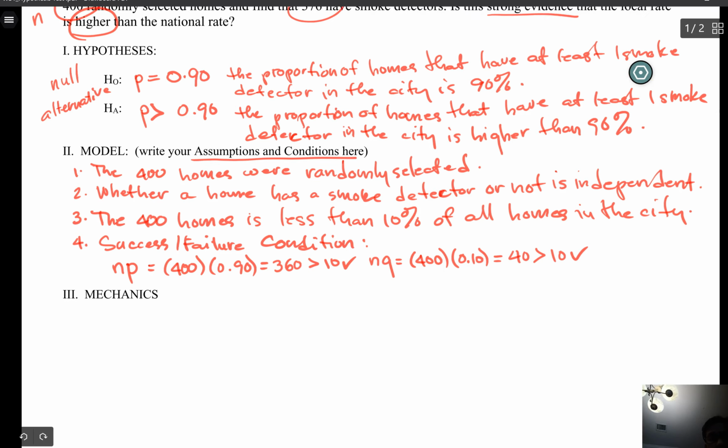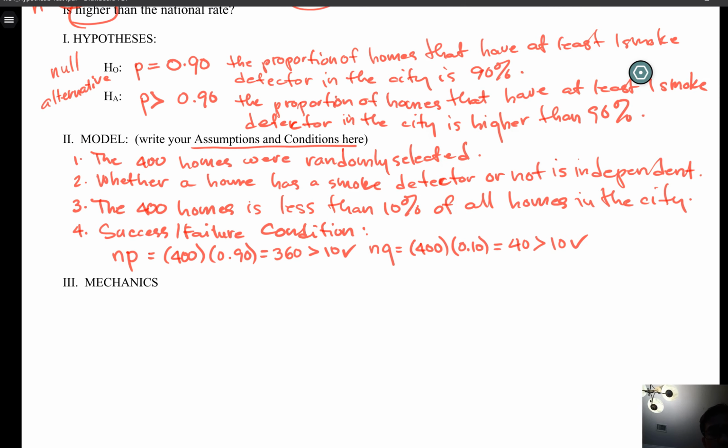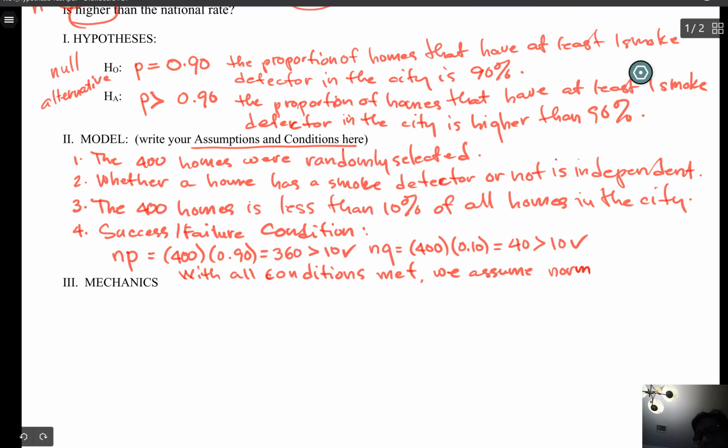Okay, so we are going to say right here, with all conditions met, we can assume the normal model and perform, what are we going to do?